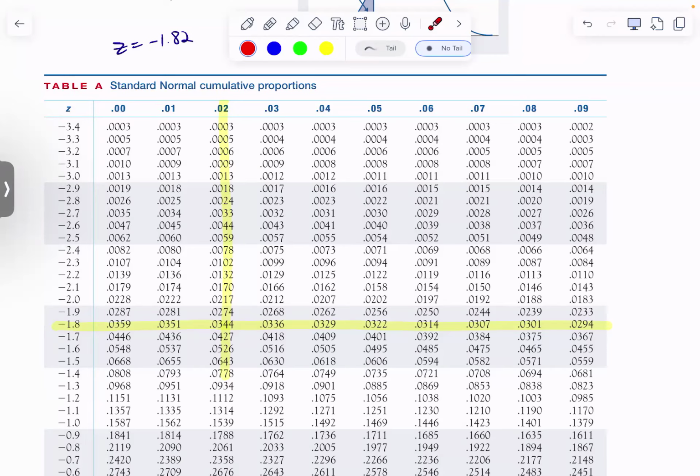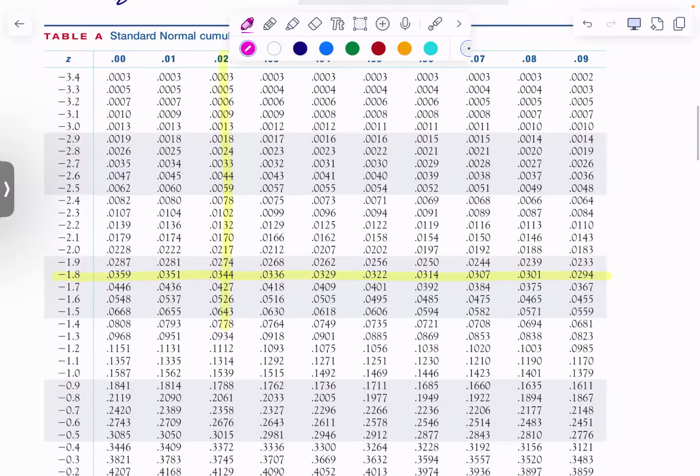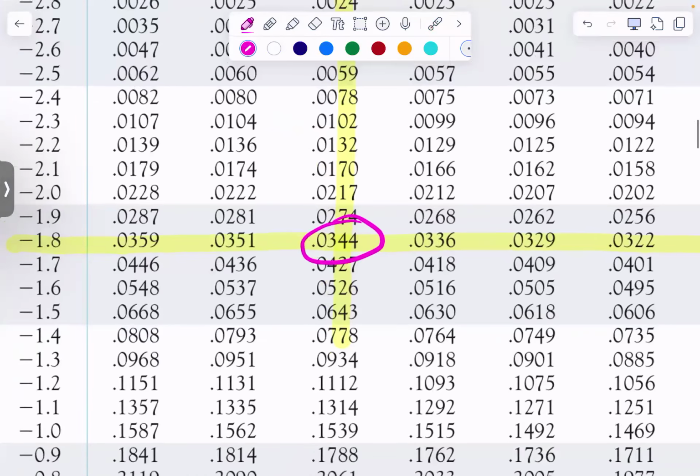Otherwise, your eyes will jump around and you'll grab the wrong number. So just be really careful when you read the table. I like to highlight like this, of course, but that's not always doable. So here, at the overlap, what does this mean? It means the area to the left is 0.0344.